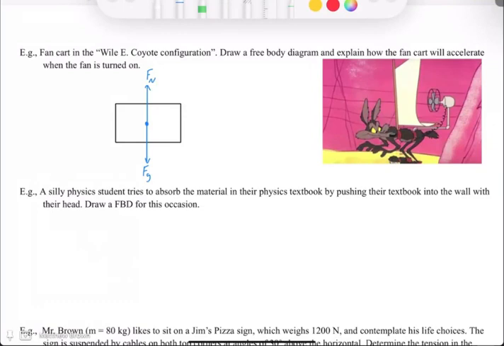So let's call this some sort of applied force. The fan is going to blow some air at the sail, right? And so that's going to apply a force in the forward direction. So we could call that the applied force or the force of the air molecules.